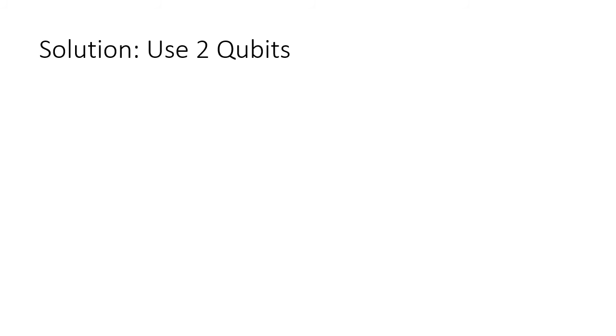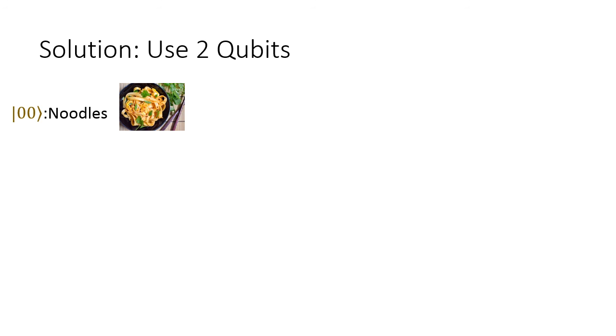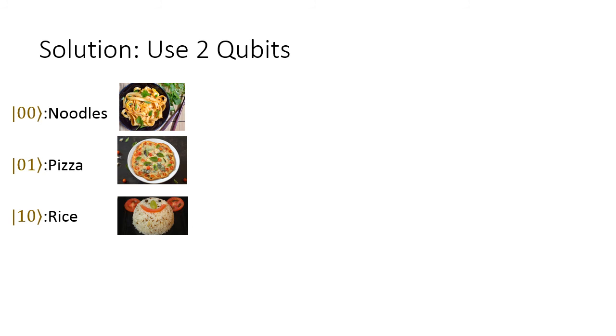So what is the right solution? Max suggests Bob to use 2 qubits. Use 00 to represent noodles, use 01 to represent pizza, use 10 to represent rice, use 11 to represent other food.